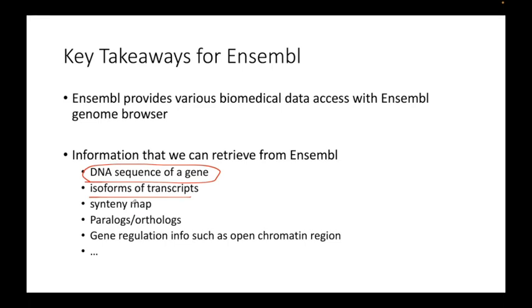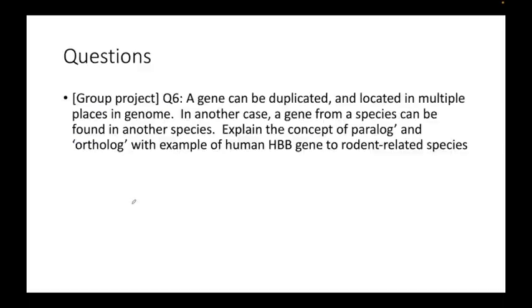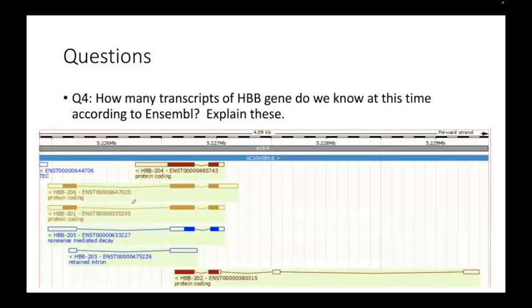Two of them are protein coding, the red one. Yeah, but this one is the merged data. So you have to be careful. You have to take a look at it. But this one seems like protein coding, different from this. But you have to double check.